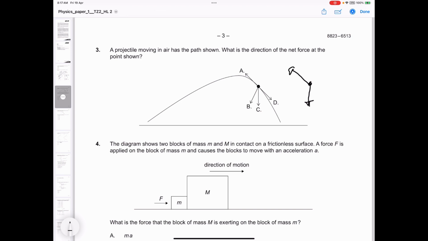So if we slide the weight vector, say mg, across to the end of the resistance vector here, we get this set up here. So then the net force must act in this direction here. So the answer is B.